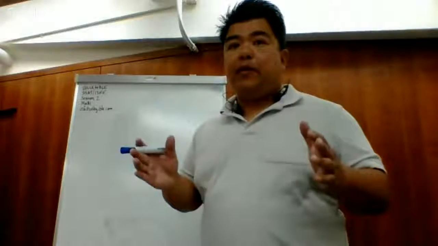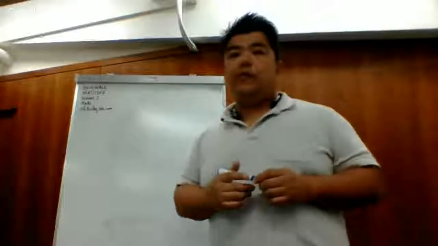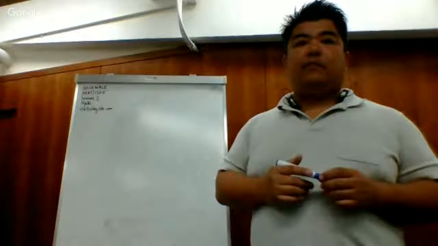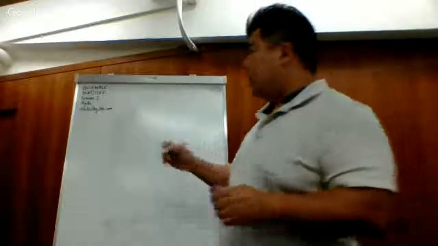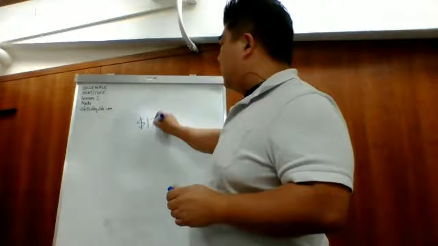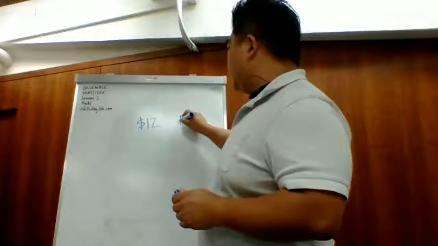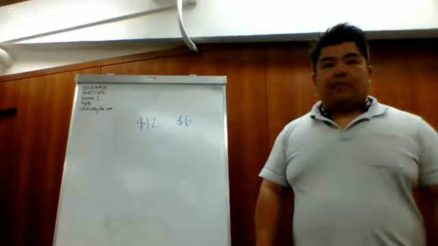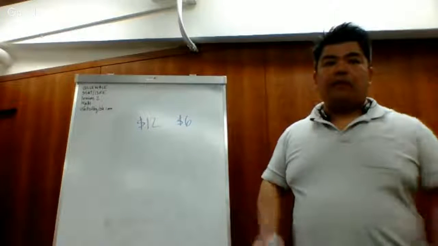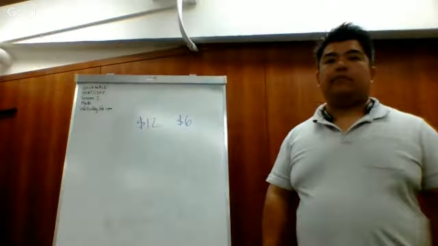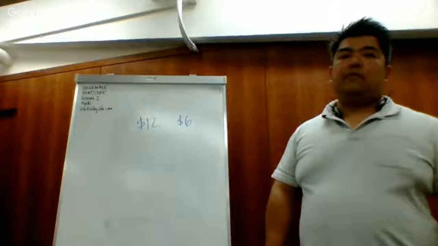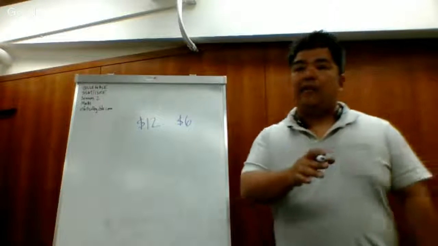Let's work piece by piece here. What do we know for sure? $12. Okay, $6. And what else do we know? What are we given? $108 total.